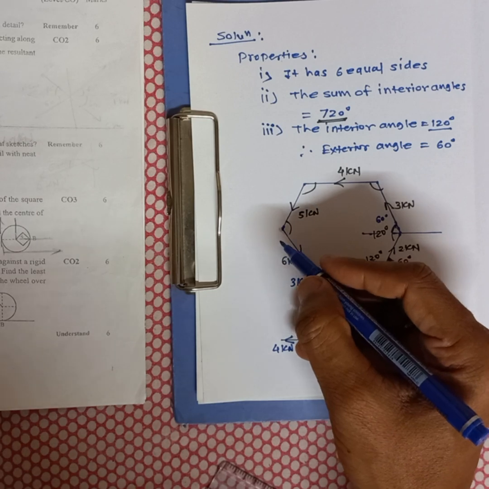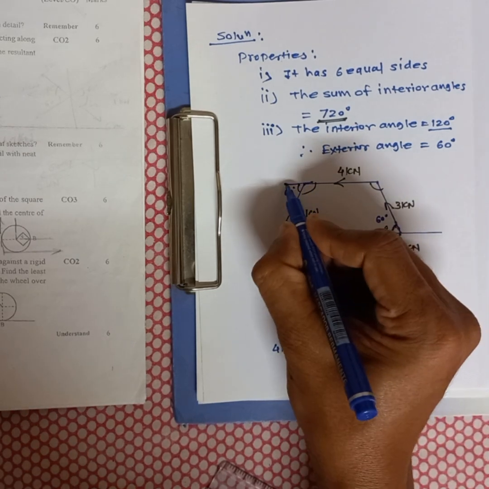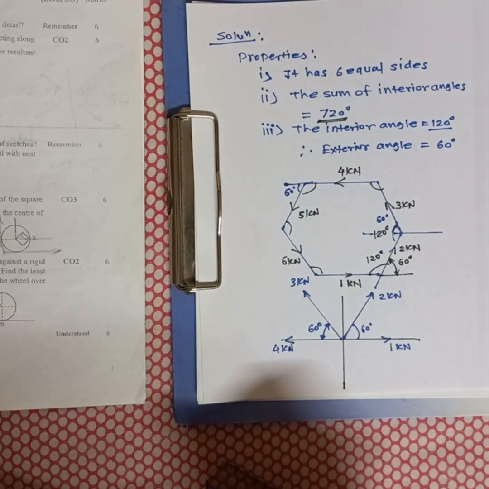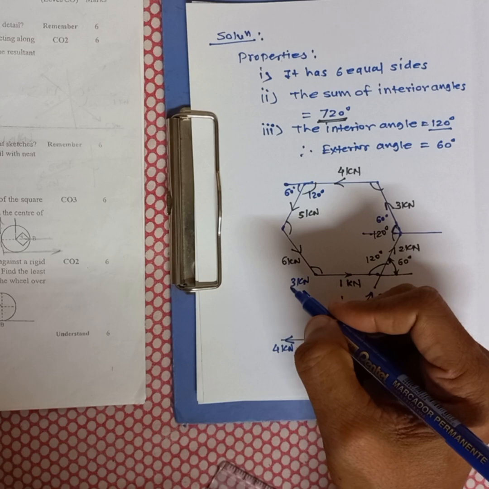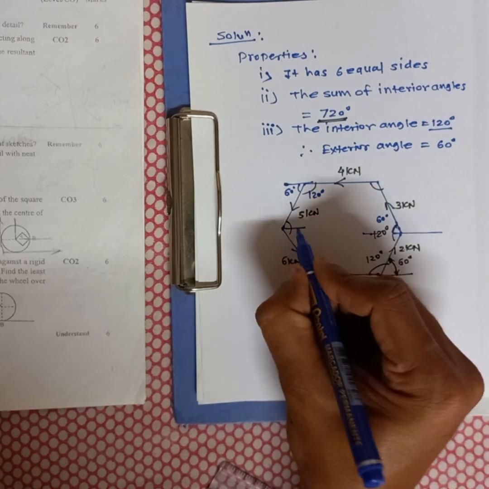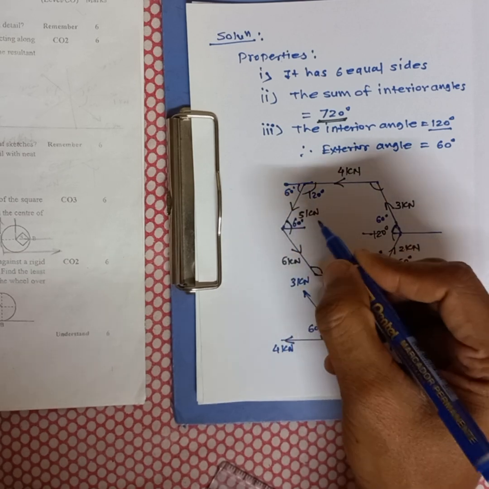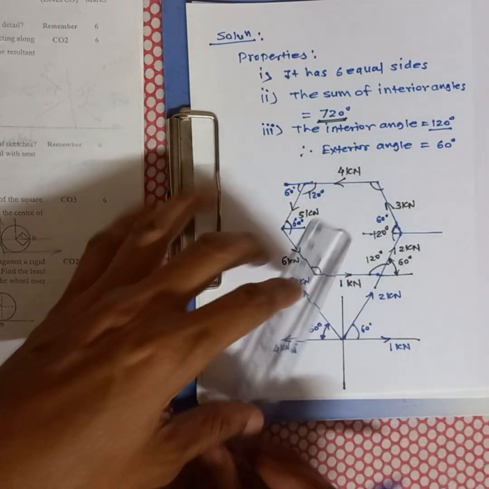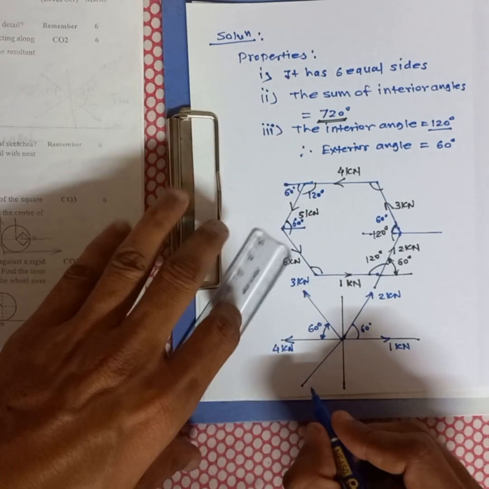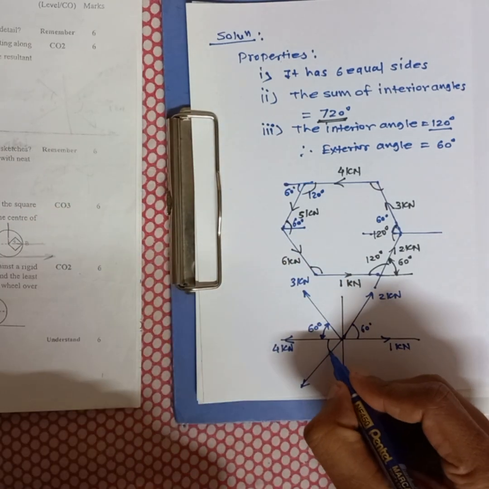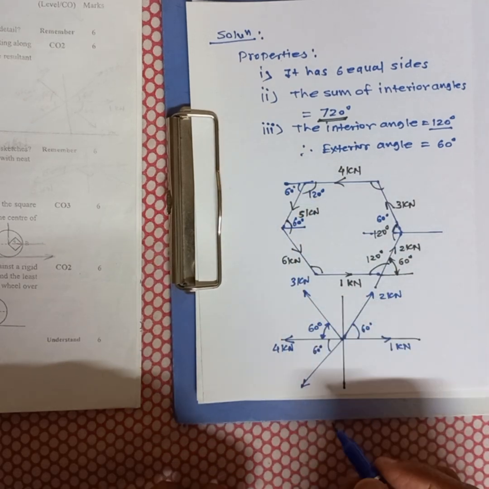Next force is 5 kilonewton. Again angle with respect to horizontal, exterior angle is 60 degree, okay, interior angle is 120 degree, right? So with horizontal opposite angle, if this is 60, this is 60, so I can show this force 60 degree with horizontal. Here you can see, right?